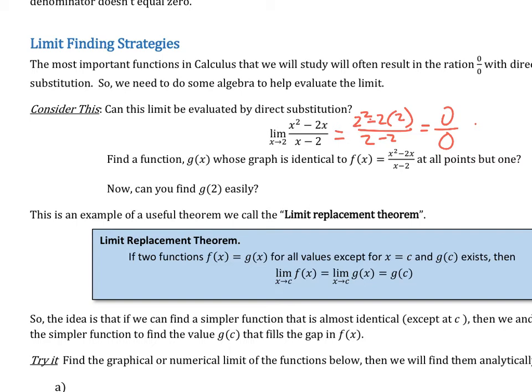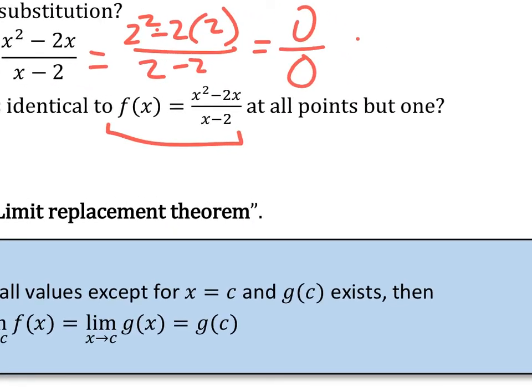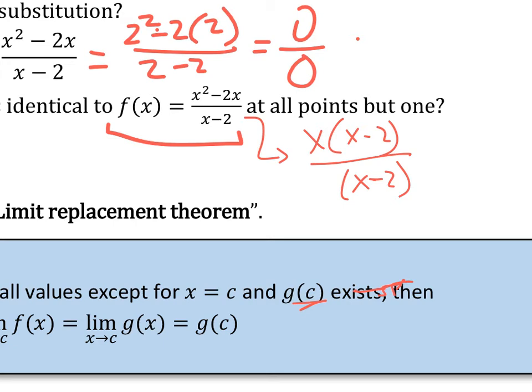So if we factor this, we can take this function here, f of x, and let's see what happens. If we take out an x on top, we're going to get something like this. x times x minus 2 all over x minus 2, or really just 1 times x minus 2. And these cancel.